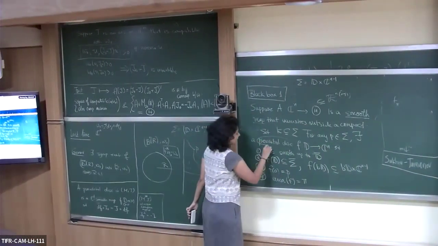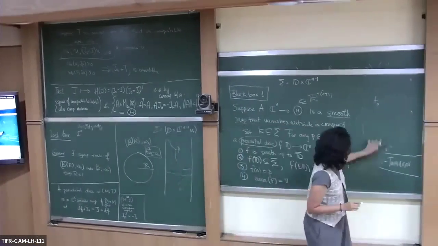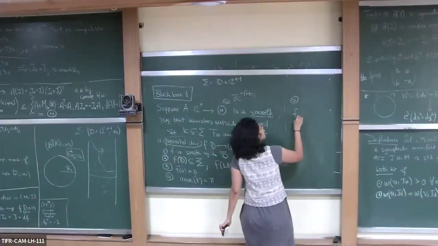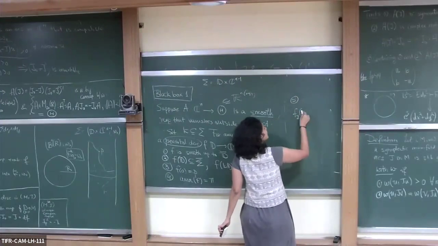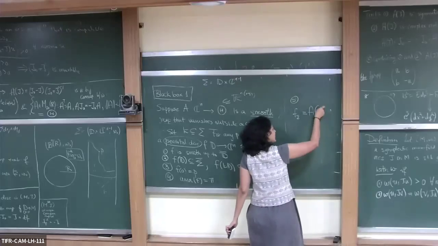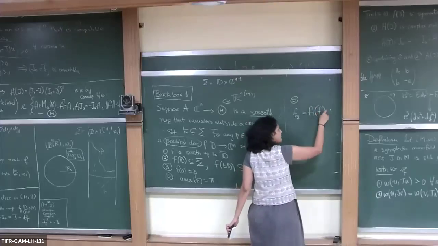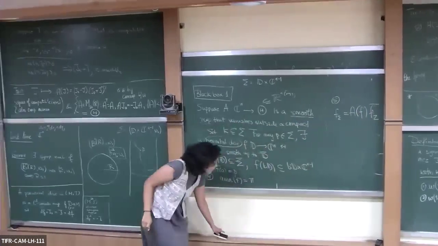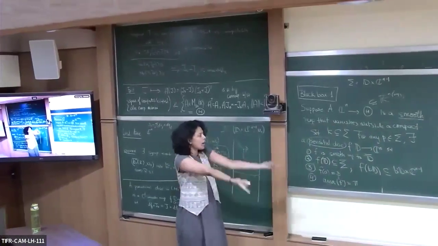So maybe I need to explain this. When I say this, it really just means that phi of f z bar satisfies A, and of course A at the point at which f gets mapped. This is what I mean by pseudo-holomorphic. So it's pseudo-holomorphic with respect to what structure?